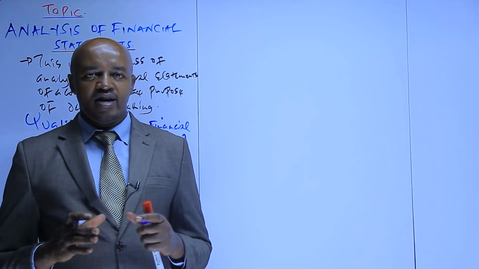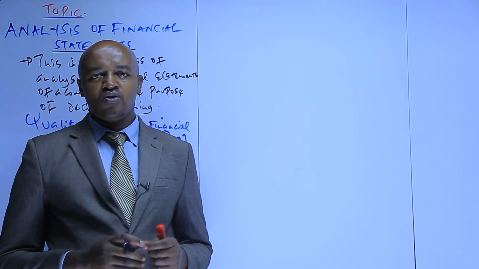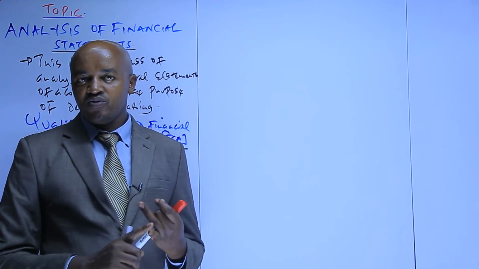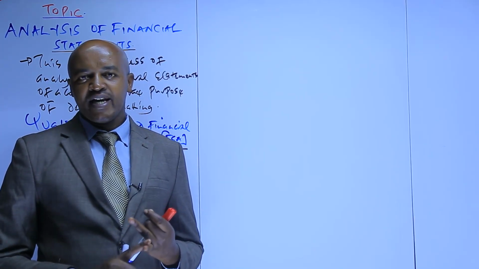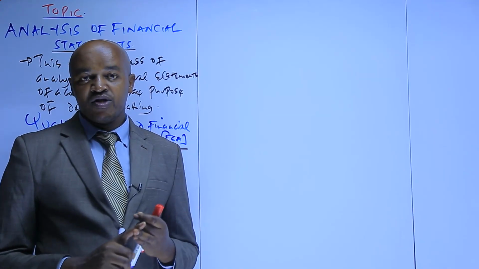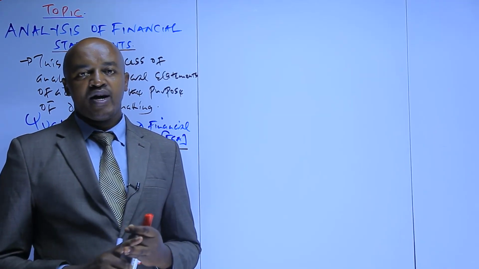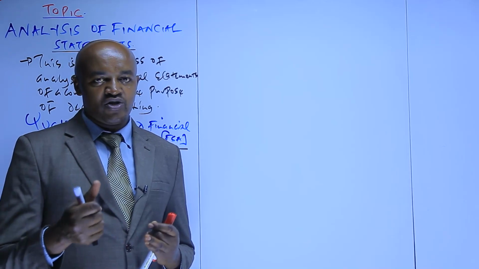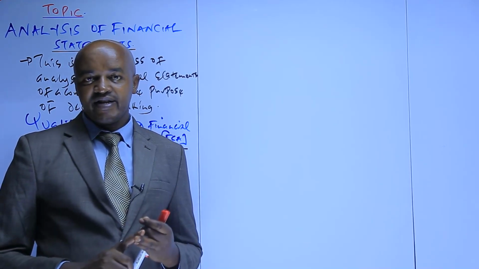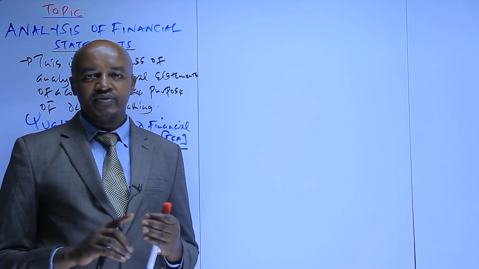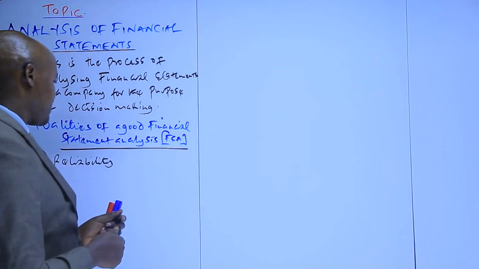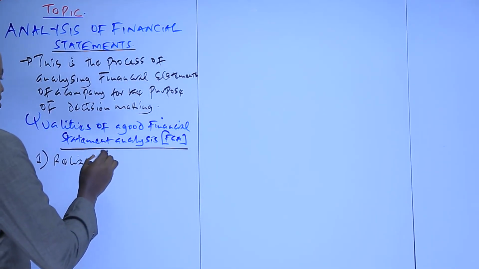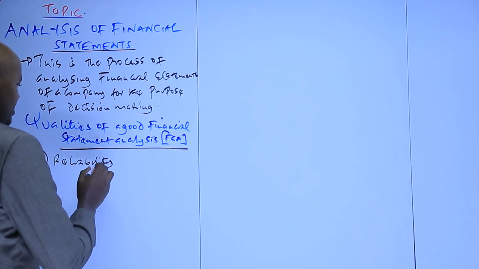We say that information is reliable, one, if it is free from any error; two, if it is complete, so that all the users need is provided by the financial analyst; and also, on the other hand, if it is neutral. So information provided by a financial analyst is said to be reliable.